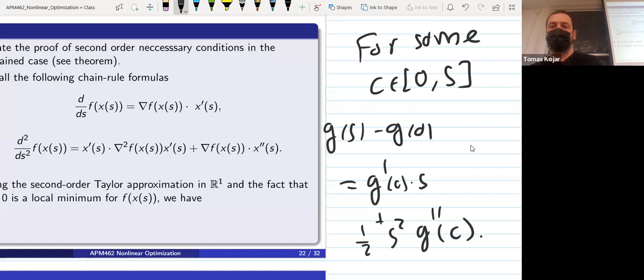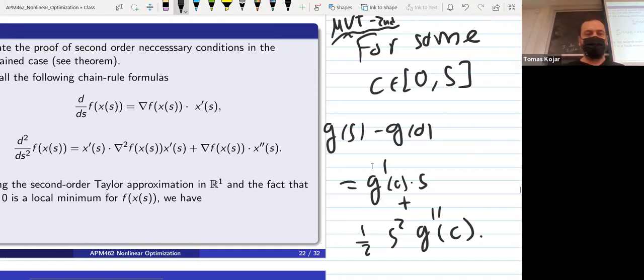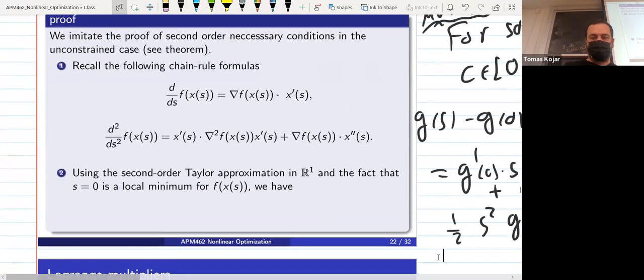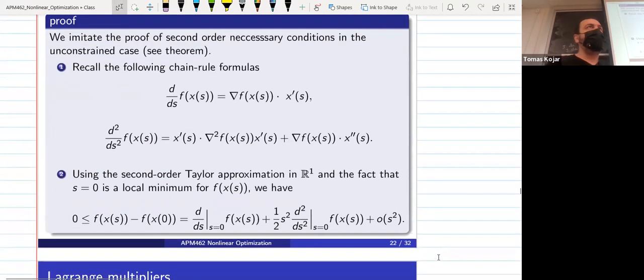Okay. So this is the mean value theorem, second order. Is that okay? Good. So you apply this theorem.